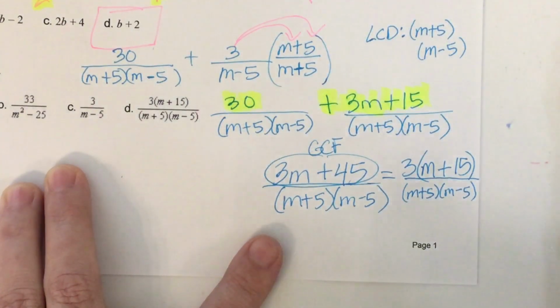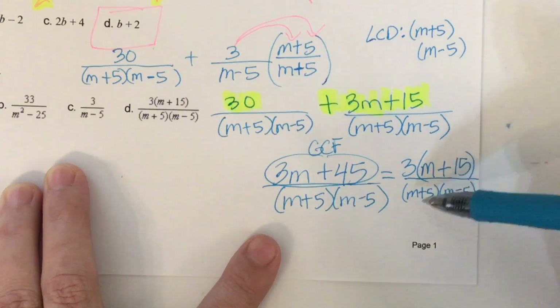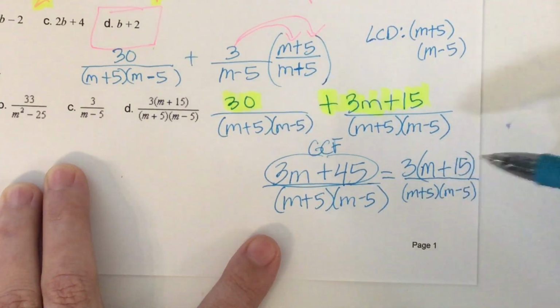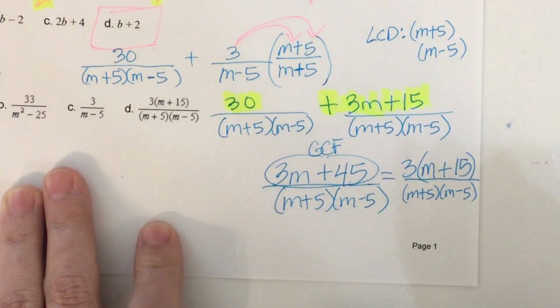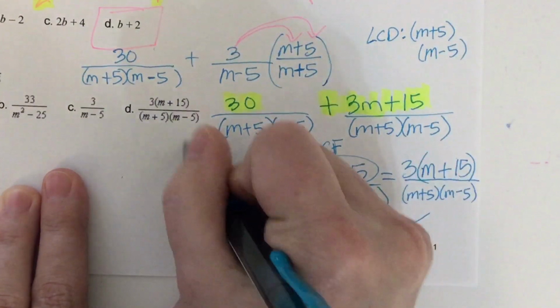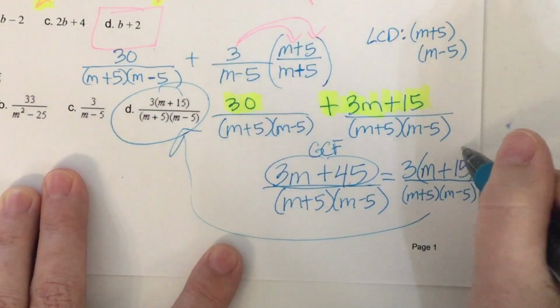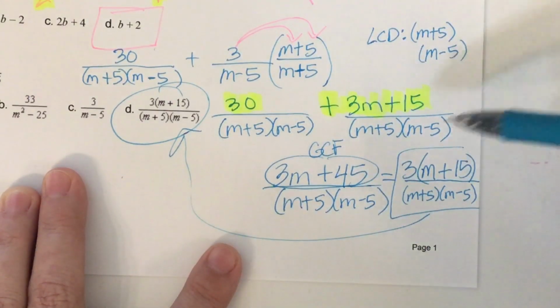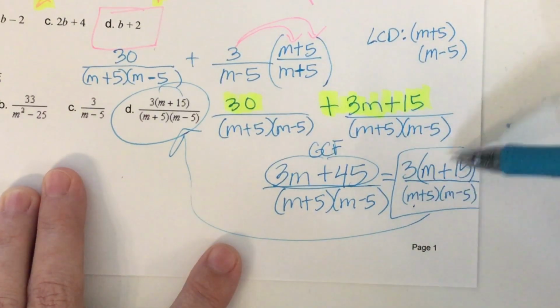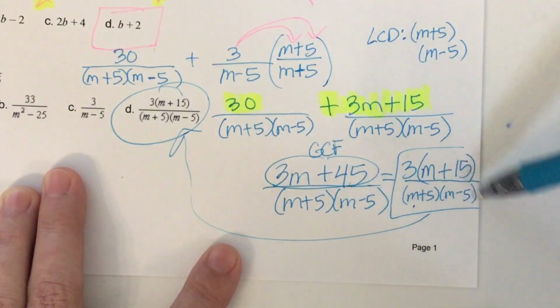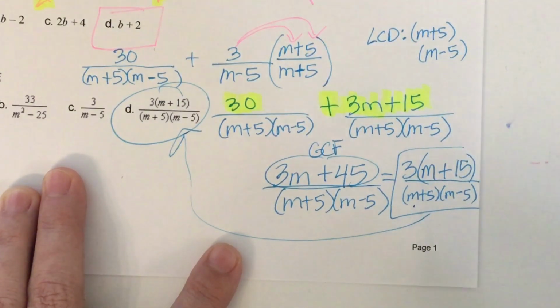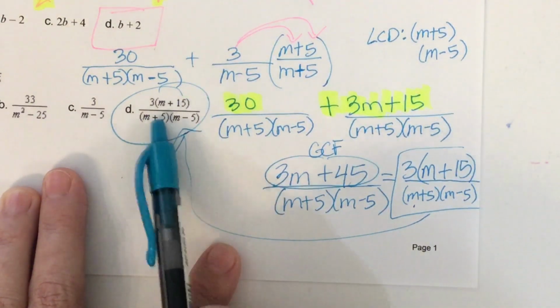Now, I thought by doing this that I might be able to cancel out either here or here, but these don't cancel out. So it looks like this is exactly how D looks. So D is our winner. We factored out that GCF just in case we could cross out those factors. They didn't end up crossing out, but D's the winner.